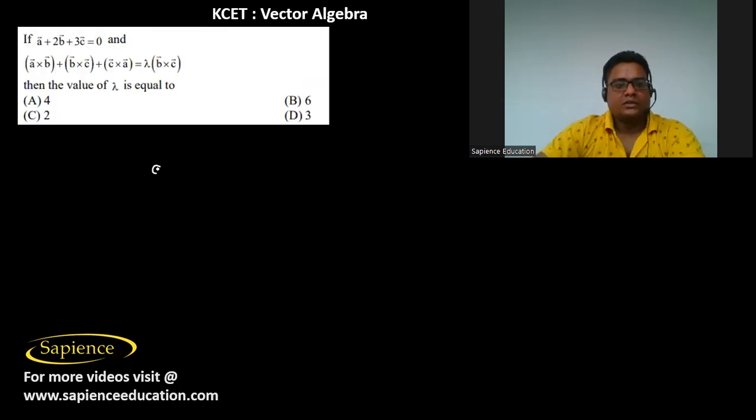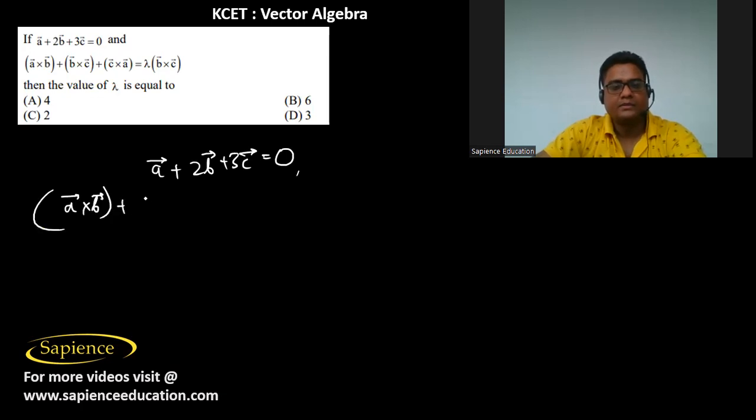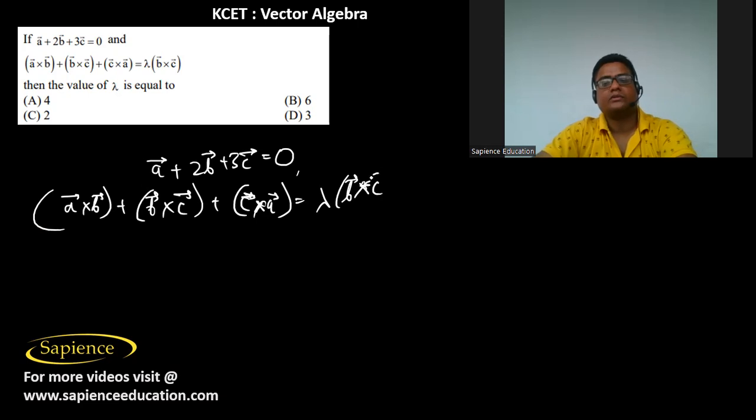Then here it is told if a vector plus 2b vector plus 3c vector is equal to 0, and a cross b plus b cross c plus c cross a is equal to lambda into b cross c, then the value of lambda is equal to how much?